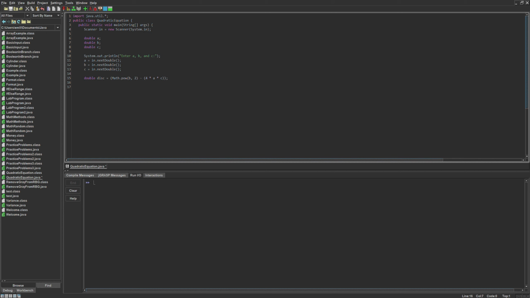Now that we have the discriminant, we can solve for x. x1 is equal to negative b plus, and we need the square root of the discriminant, so we're going to use the Math class again, all divided by 2a.